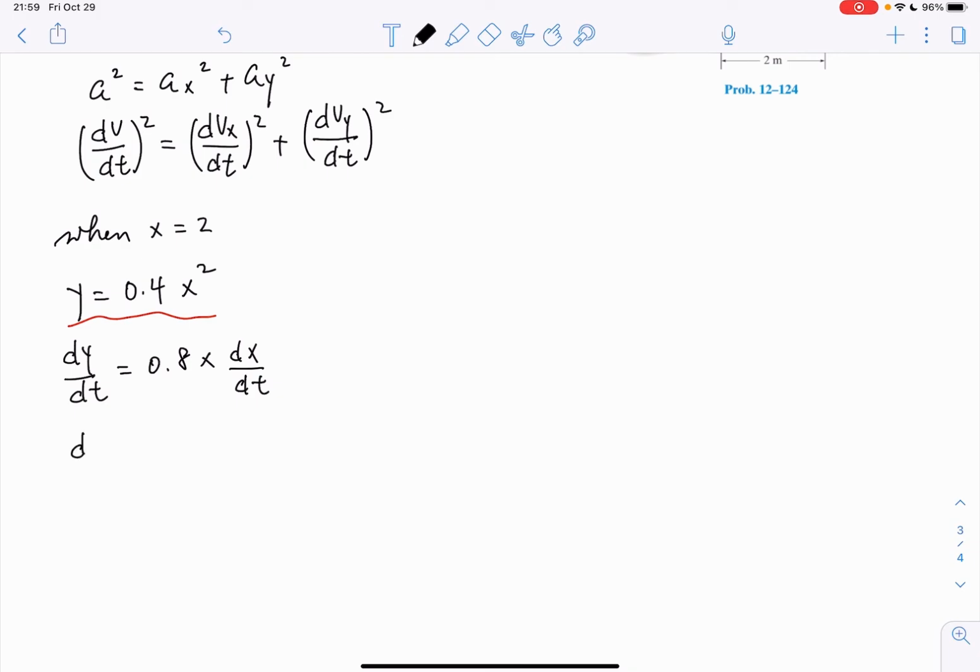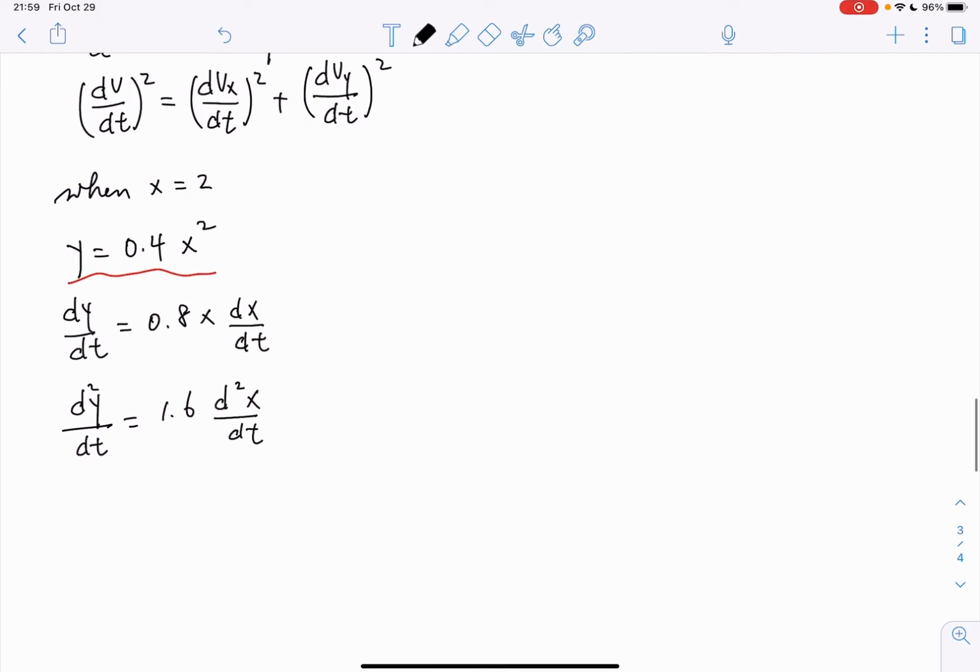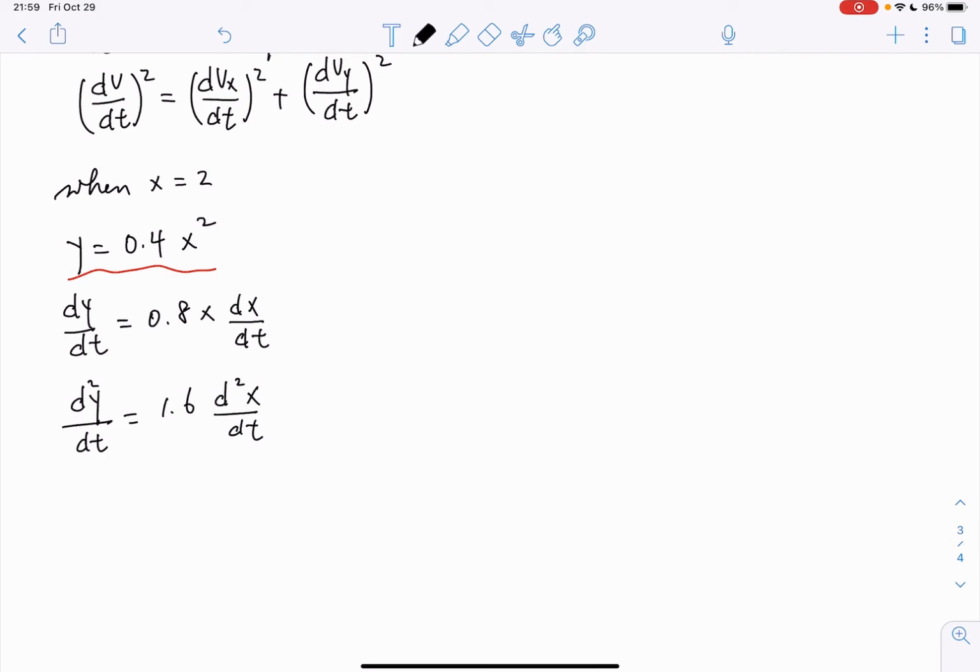So we have d vy over dt equals 1.6 times d vx over dt.